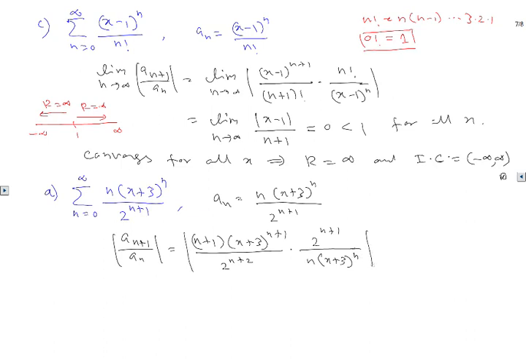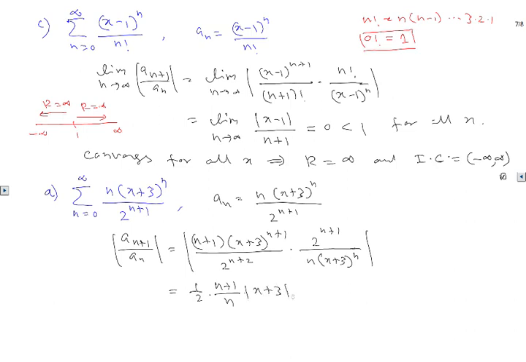Now you can see that a lot of terms get cancelled, so you only end up getting one half. You get 1/2, then n plus 1 over n, and also x plus 3.